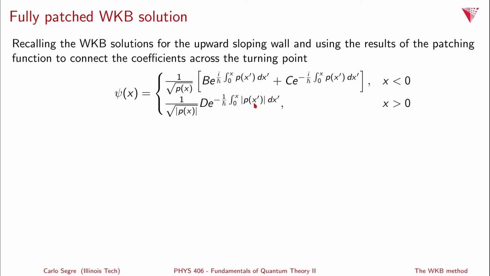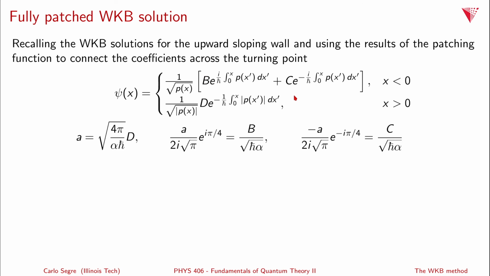Using the results of the patching function that we just got to connect the coefficients across the turning point, remember, we now have results that tell us what d is related to lowercase a for the patching function, what b is related to a, and what c is related to a. And we get the following.